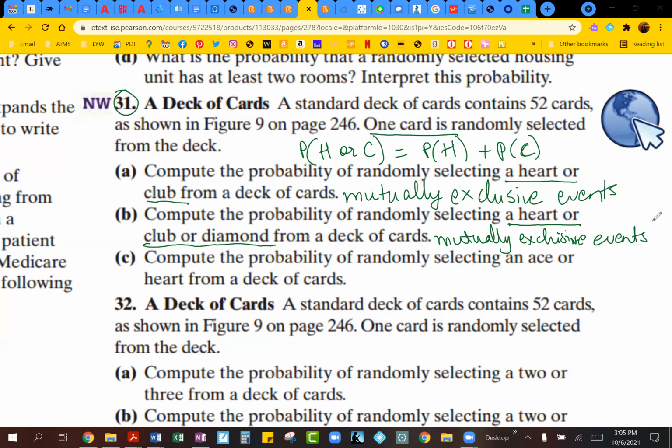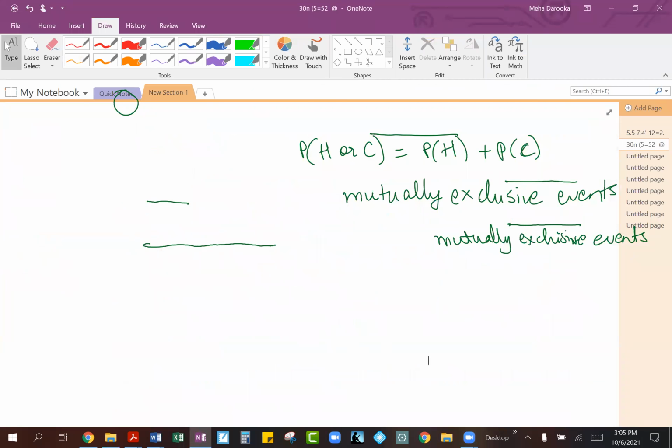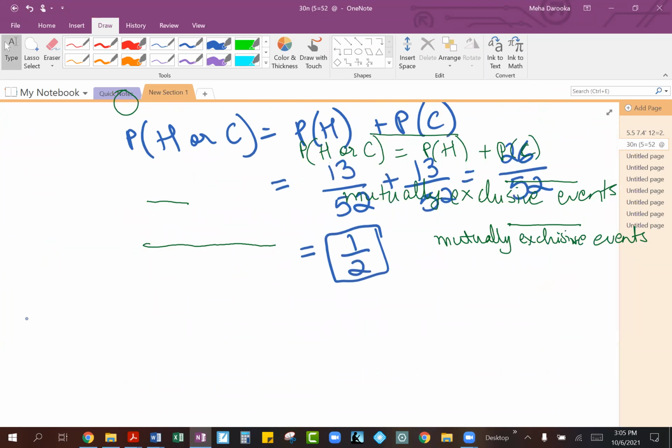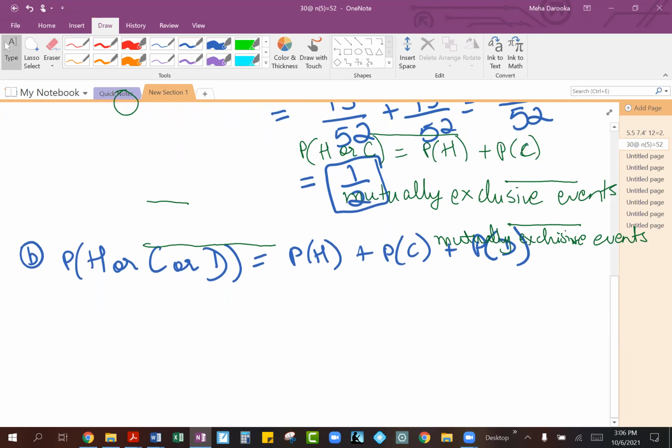And so for this guy, I guess we'll need to go back over here. For part B, you will actually do, can it be a heart or club or diamond? So again, in this case, you're adding each of these individual probabilities with no overlap. We don't have to subtract anything.